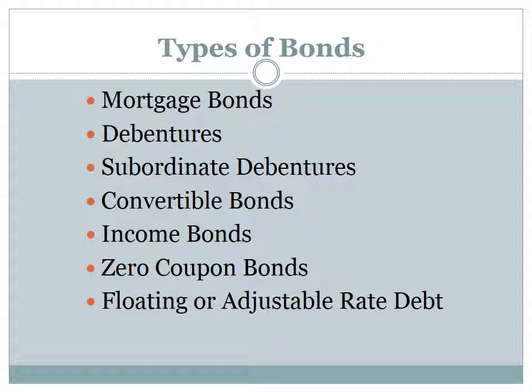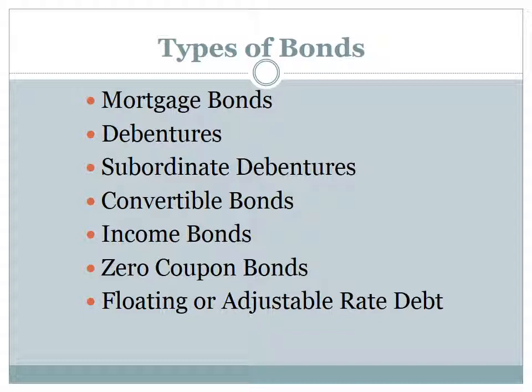Then as you issue additional debentures, some debentures that you perhaps issue later will be subordinate to the debentures that you issued earlier. So it just simply means that, again, if a firm were to go bankrupt, if they have real estate, your mortgage bond holders would get that first, then your debentures would get claim on assets, and then subordinate debentures would have claim on assets after that.